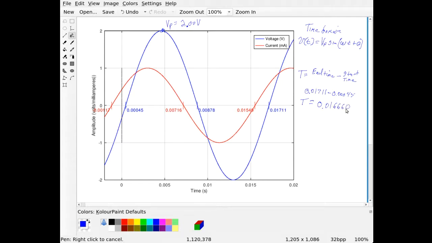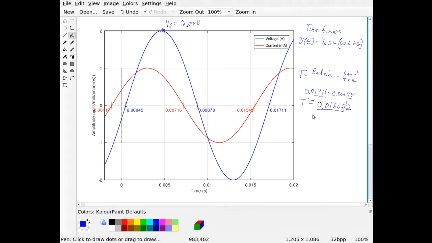I only went out 4 digits there and 2 digits there, so I have 4 significant digits here.